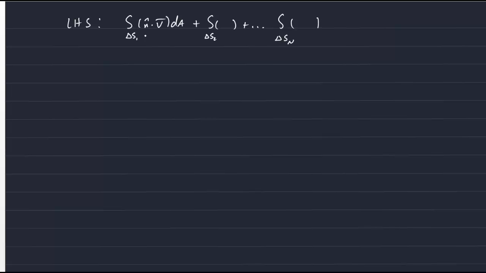Again, these are the fluxes out of all the small little boxes that make up our large volume. So let's consider element i and all the surrounding elements.